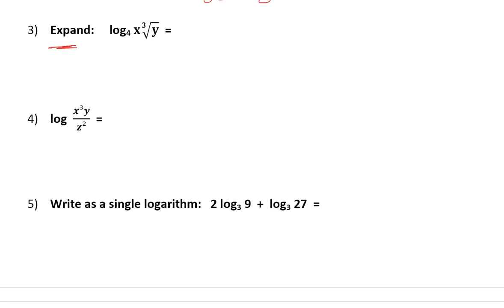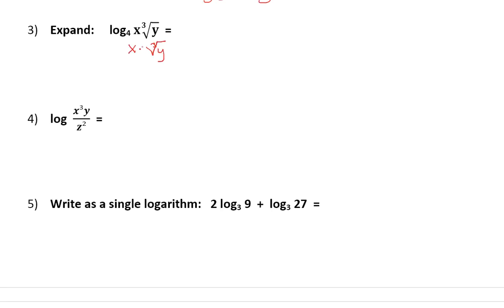In the first two examples, we were using the properties to condense the logs down into a single logarithm. Now in this example, we're going to start with the single logarithm and we are going to expand it. So this is log base 4 of x times the 3rd root of y. Doesn't really look like it, but it is x times the 3rd root of y, in case that's not clear.